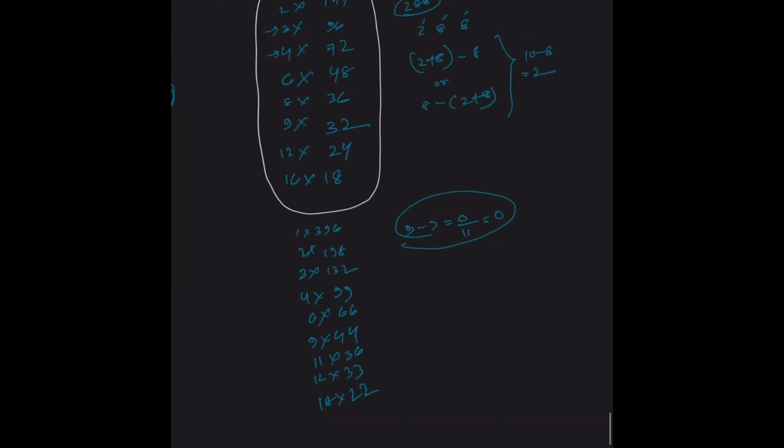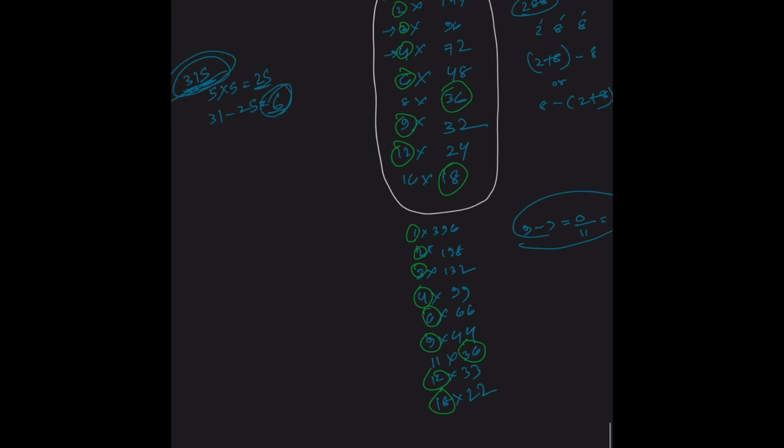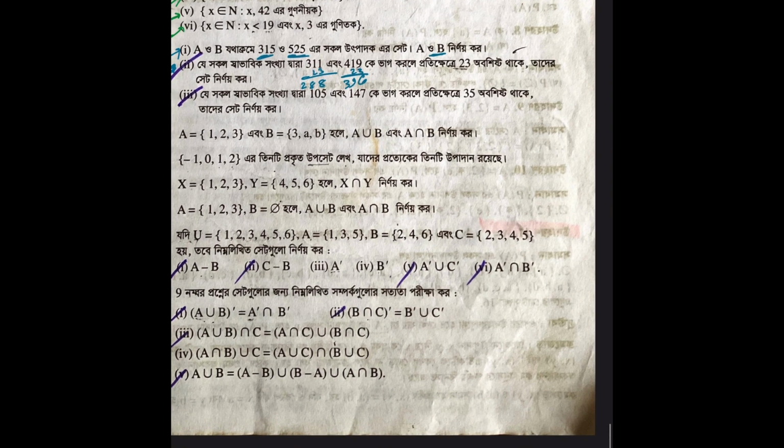And we go to the common ones: we got 1, 2, 3, 4, 6, 9, 12, 18, 22, 33, 36, 44, 66. I think that's all. So we take these numbers, and we'll get our answers.